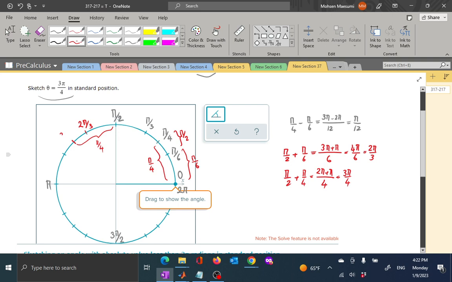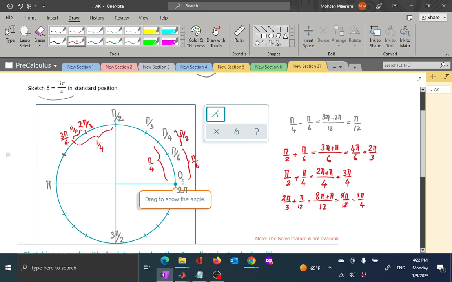So this is 3 pi over 4. If you want to operate with 2 pi over 3, that's fine as well. Remember, this is pi over 12 here, so plus pi over 12, common denominator is just 12. We have to multiply this by 4, makes 8 pi, and then another pi makes 9 pi. You simplify by a factor of 3, so it becomes 3 pi over 4, and so on.